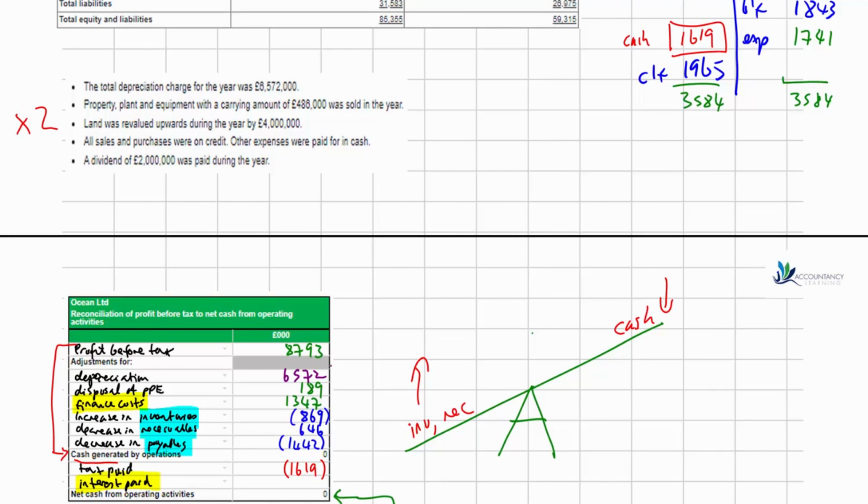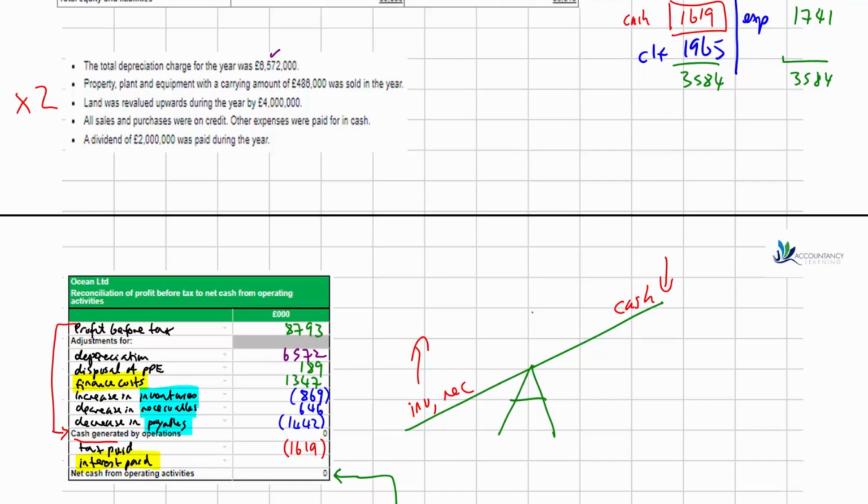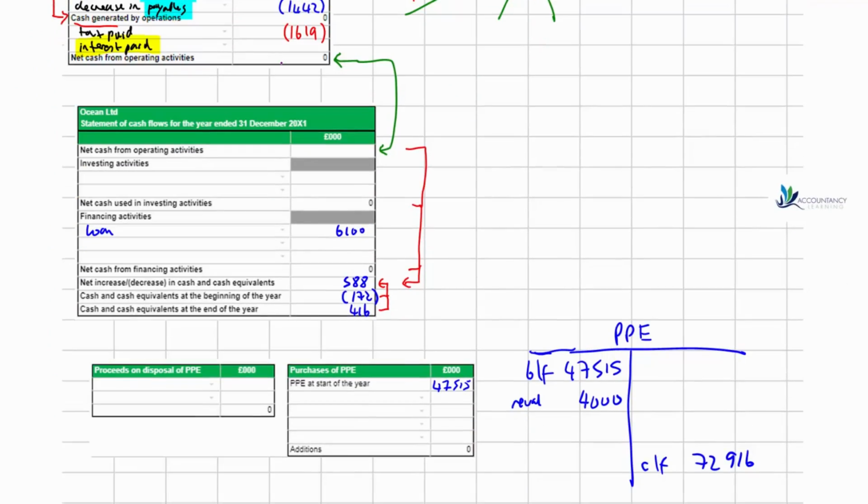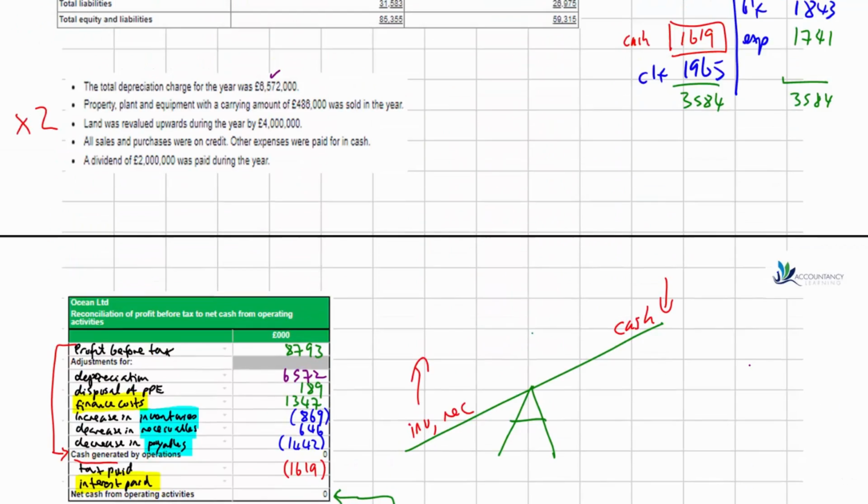We've used that once so far, haven't we? Now we need to use it a second time, and the second time is going to be part of our property, plant and equipment. So we have our depreciation expense of 6572. I've now used that number twice, so I'm happy with that now.